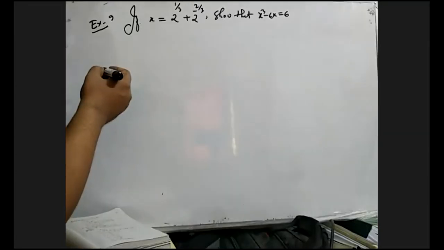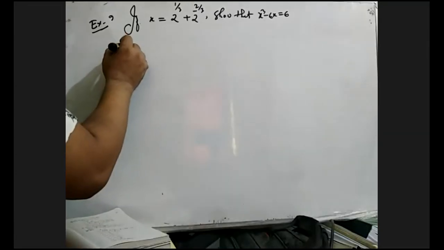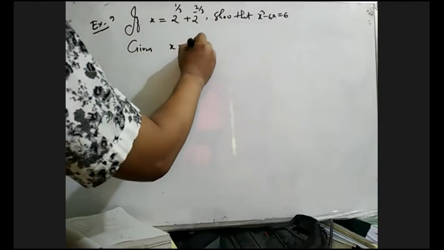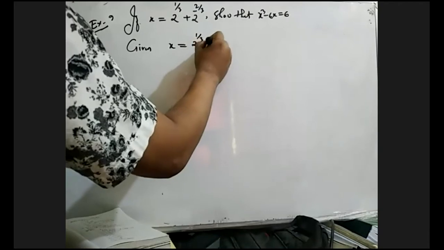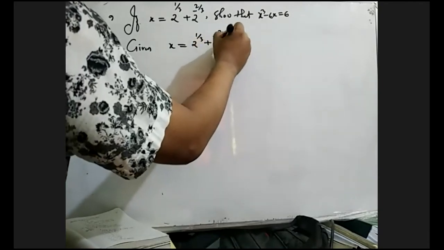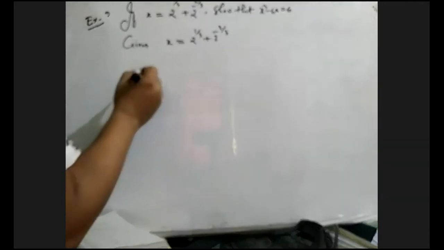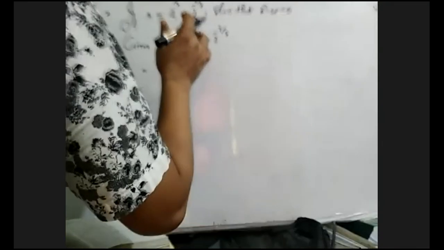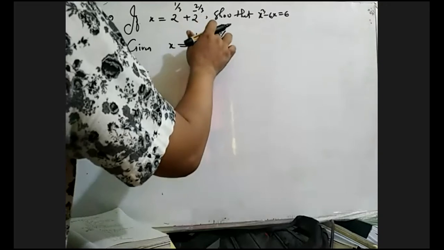Okay, so solution: given x equals 2 to the power 1 by 3 plus 2 to the power minus 2 by 3. Okay, this is not minus, this is only plus, remember it.